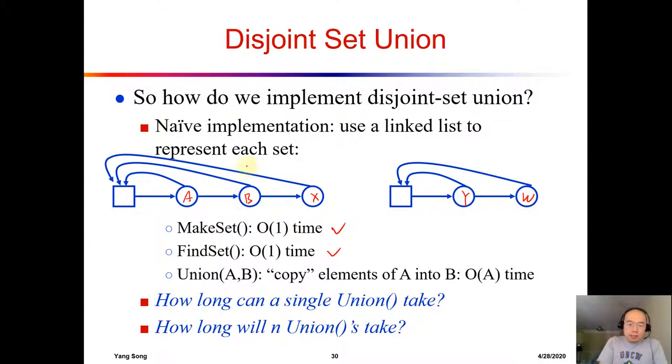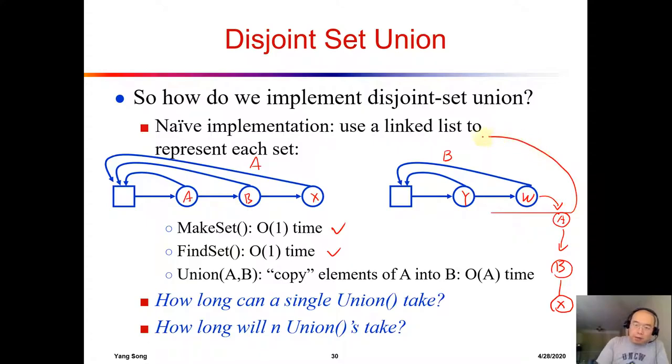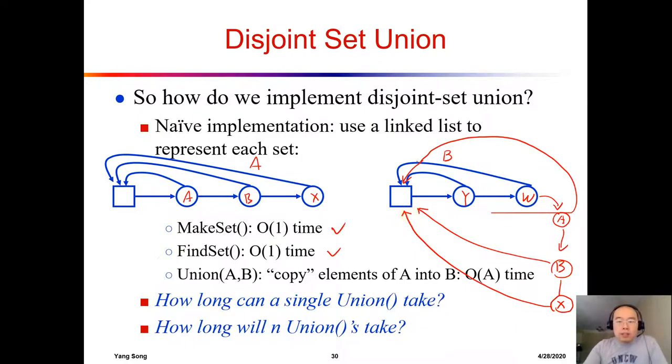Say this is set A, this is set B. When we do a union of set A and set B, we will just move A, B, and X into the set. And of course we are going to add the back references. So A will refer to the head, B will refer to the head, and X will refer to the head as well. This is how we can do the union.